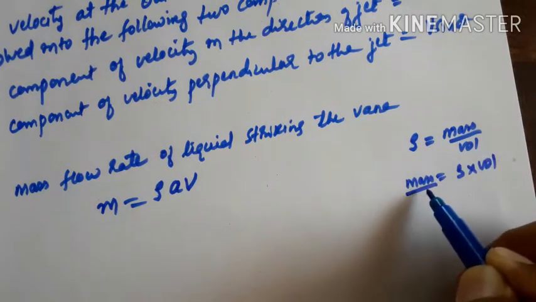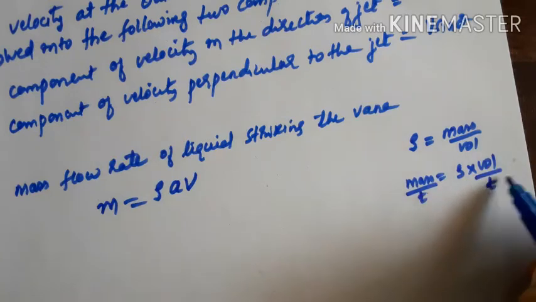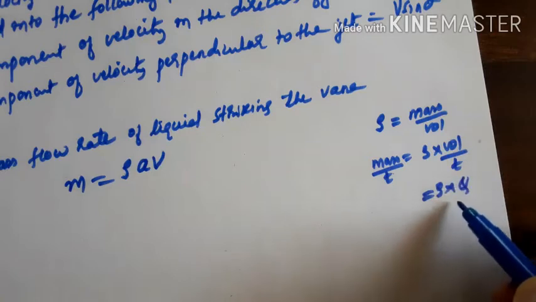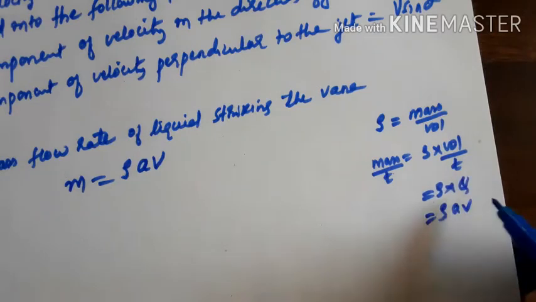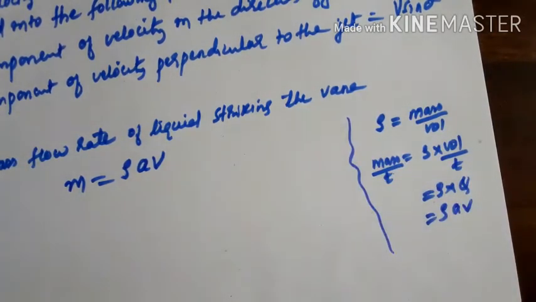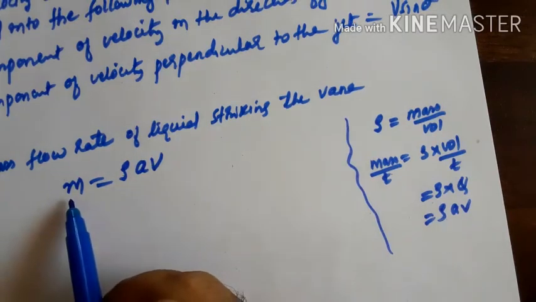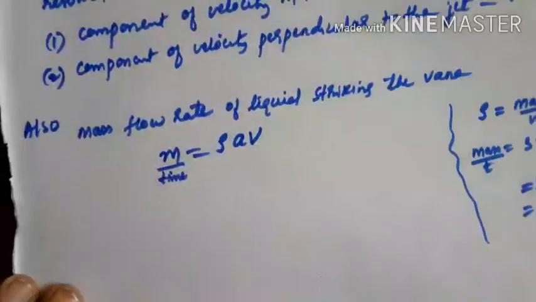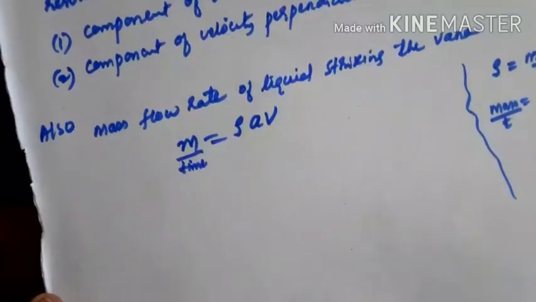But mass flow rate with respect to time is also divided by time. We get density into volume by time, what is it? Q. This Q can be written as A into V. This is called mass flow rate, mass by time.